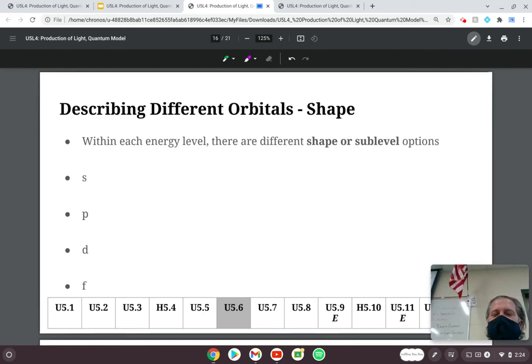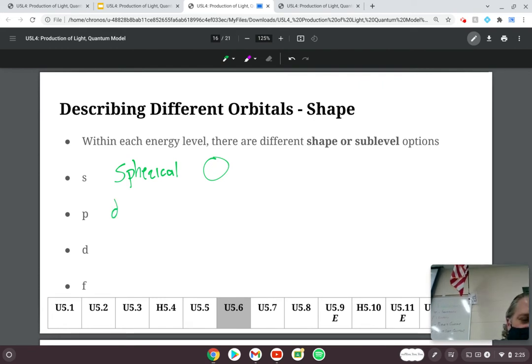Every energy level has different sublevels, and the different sublevels are kind of shapes that we can describe. One of the shapes is the S shape, which is basically spherical, which I can't spell. But it's a sphere, and I don't know how to draw a sphere, so I'm just going to draw a circle. Another one is dumbbell shaped, which is the P sublevel.